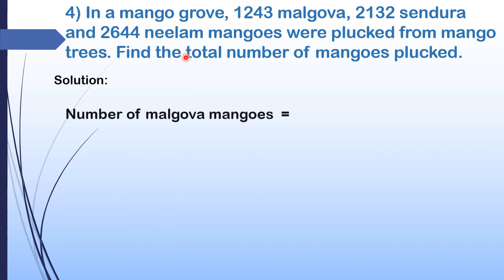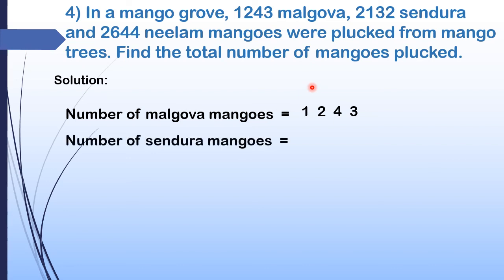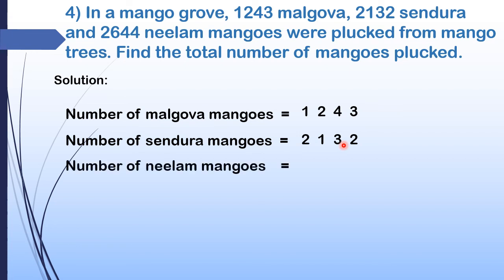So solution. So number of Malgova mangoes. How many Malgova mangoes are plucked? 1243. Yes. Then number of Sendura mangoes. That is 2132. Then number of Neelam mangoes plucked is 2644.